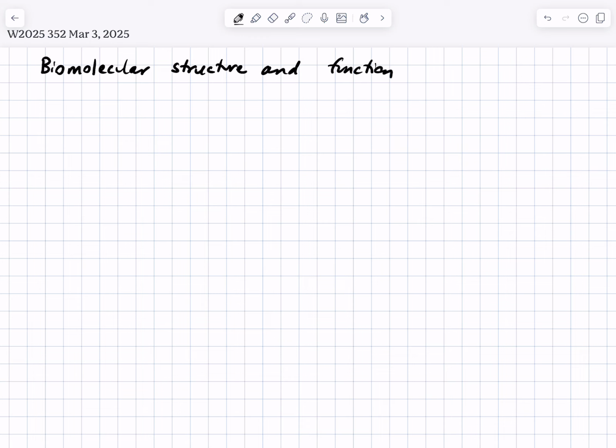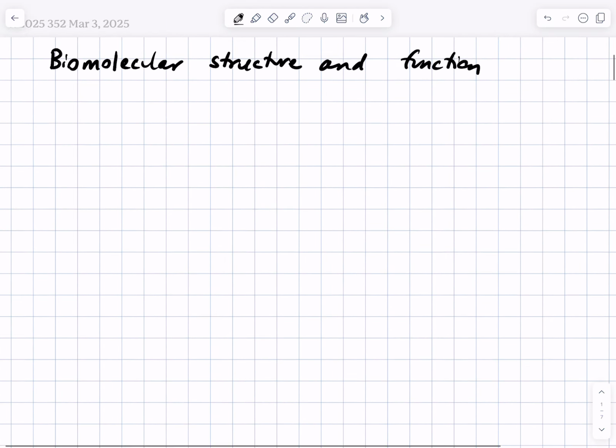I'll let you know as we go along in emails about how many more days I intend to spend on this topic, but it's interesting enough, and we'll be flexible. At the end, we'll come back to new chemistry, new reactions with a chapter 28 on some new carbon-carbon bond-forming reactions. But for now, we'll delve into biomolecules.